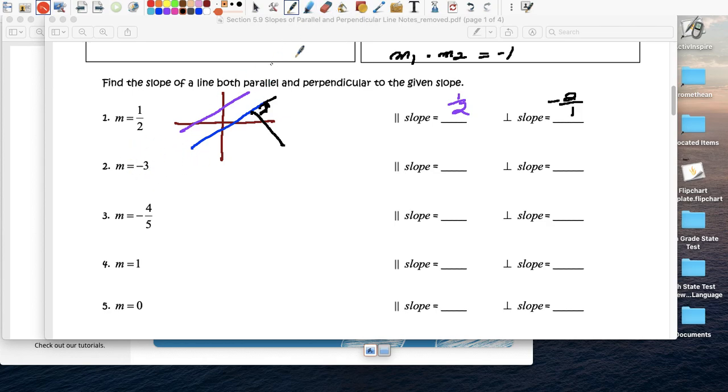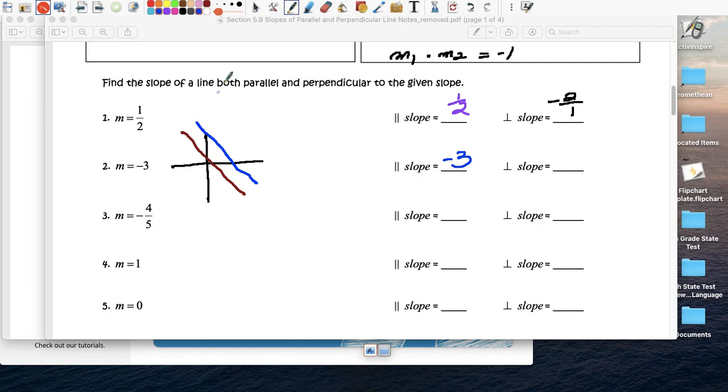So second one, again, imagine there is a graph and there's a line that has a slope of -3. I'll just create it right here. Here's a line with a slope of -3. And there's another line that's parallel to that one. What would be the slope of that blue line? Well, the slope of the blue line would also be -3. And then let's say there was a line that was perpendicular to the red line, right?